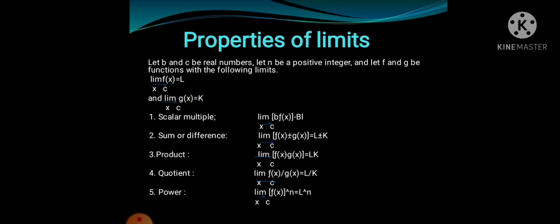For the quotient, the limit of f(x) over g(x) is equal to L over k, as x approaches c. For number 5, the power: the limit of f(x) to the power of n is equal to L to the power of n, as x approaches c.